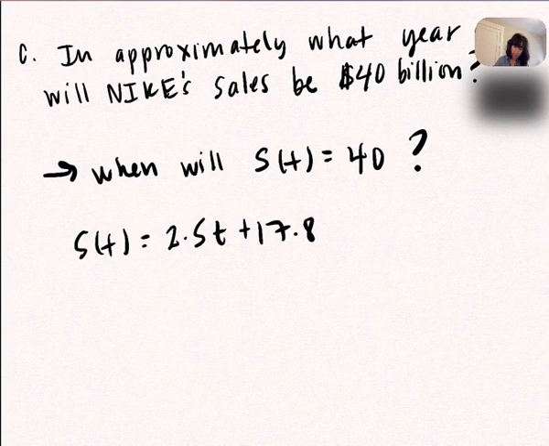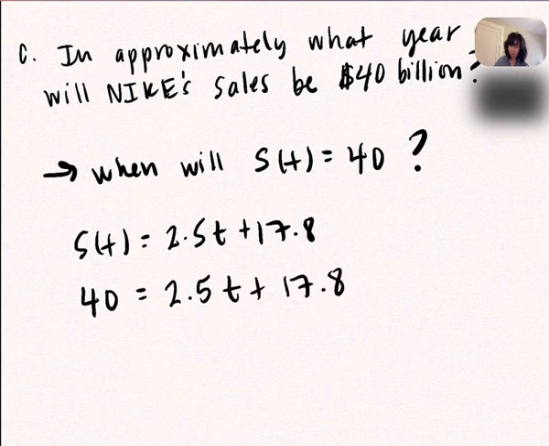And we want to know when the output is 40. In other words, for what t is the output 40? So I'm going to plug 40 in for S of t, because they want to know when the sales are 40 billion. So when is S 40, at what t? From here we can solve for t.